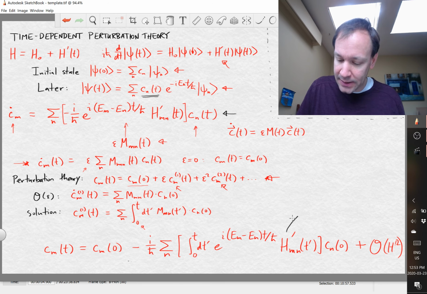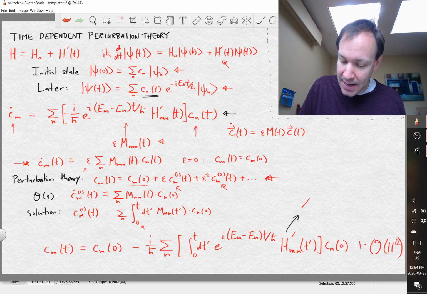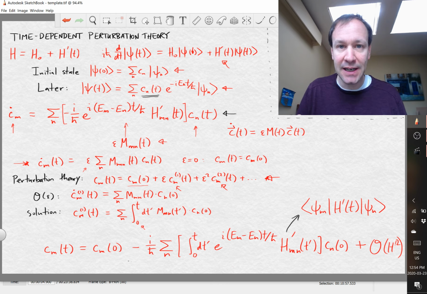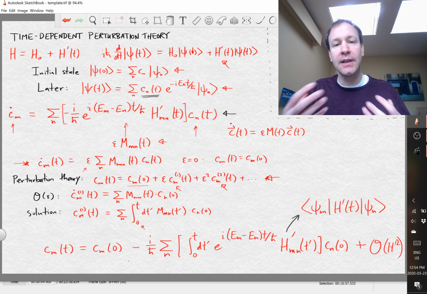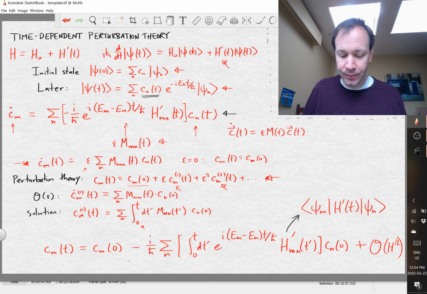Let me just remind you how we calculate those. The h mn are the matrix elements of our perturbation h prime between these energy eigenstates. So if we're going to use this formula, we want to look at our initial state, which will tell us what these coefficients C are.